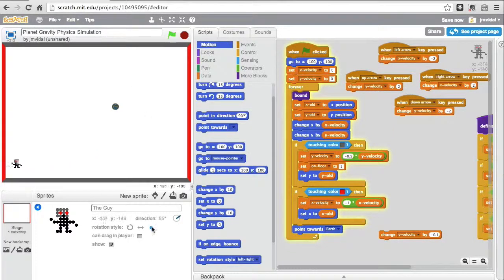I'm sorry, this is no rotate, this one's rotate. So okay, now he's rotating, and you can see he's always pointing towards the Earth. He's actually pointing with his left hand there. So if I move him down here, his left hand is now always pointing towards the Earth.